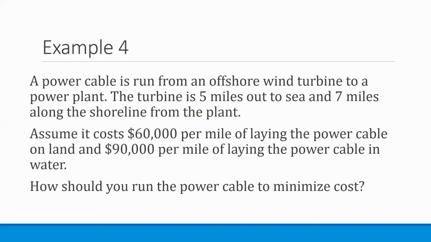We have an out-to-sea wind turbine. We'd like to connect it from the sea to the land and then run it along the land until it hits a power plant. Here's what the picture is going to look like.